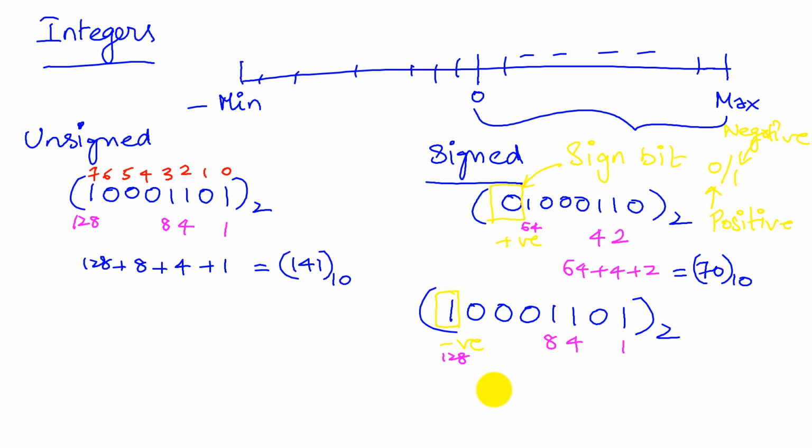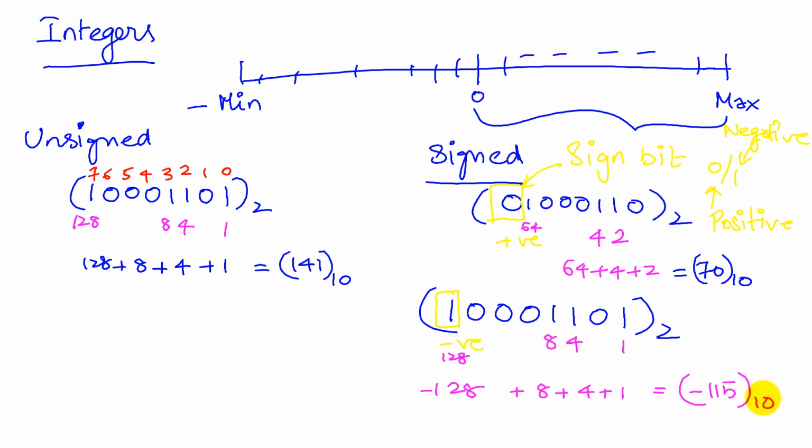But now we notice that this number will actually represent 1 plus 4 plus 8 plus a minus 128, because that's a negative number. So this number represents a minus 115 in base 10.